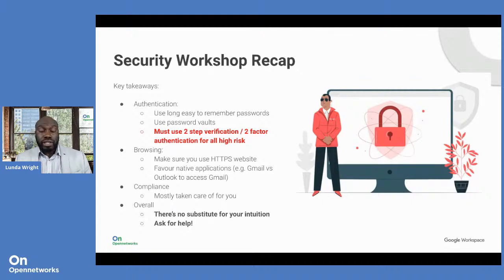When it comes to browsing, I advise you to pay attention to using secure sites and to using native applications that are being provided by many of the service providers that provide cloud services. For instance, when it comes to using Gmail, your security for all your mail access is better managed by using gmail.com or using the Gmail app on your phone rather than accessing Gmail via Outlook.